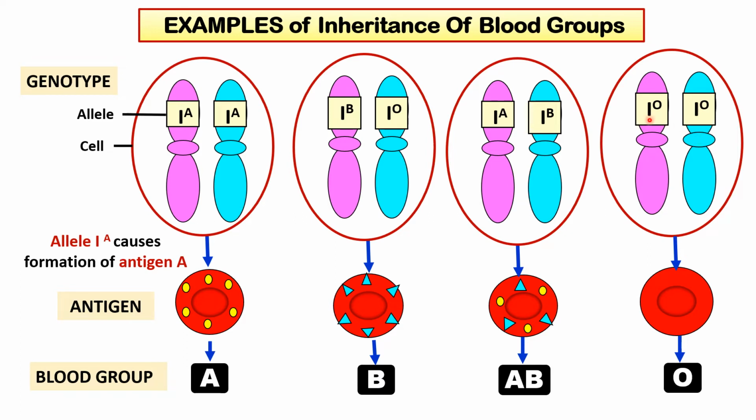And because the allele is the recessive allele, we say that this person is homozygous recessive for blood group O. That's how we describe this person, okay? So with this allele IO, he will not be able to produce any antigen, A or B, all right? Because this allele IO does not code for production of antigen A or B. So he will belong to blood group O. His blood group is O.